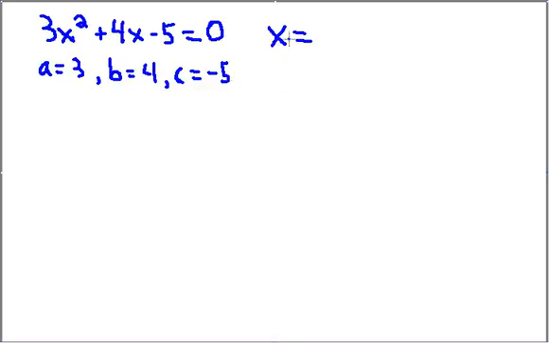Our quadratic formula is x equals minus b. Well, minus b would be a minus 4. B is 4, minus b would be a minus 4. Plus or minus the square root of b squared. Well, what is b squared? B is 4.